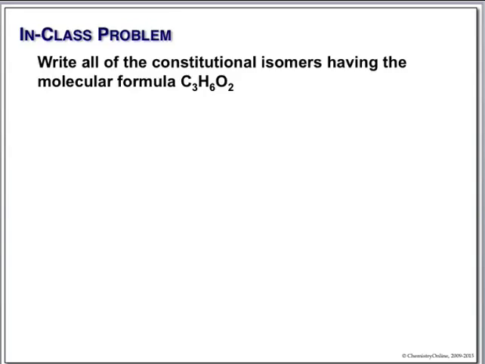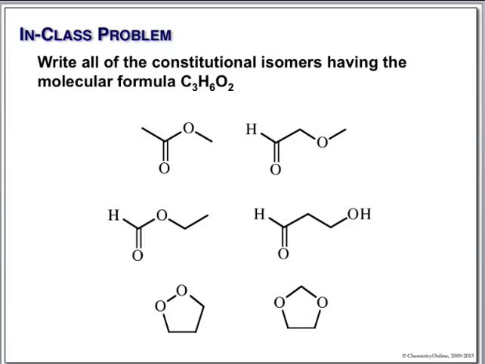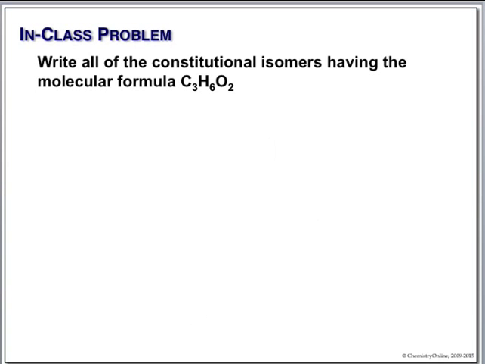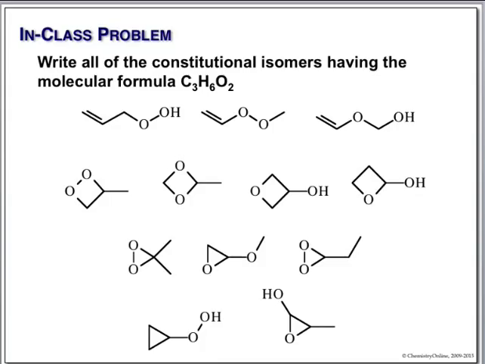If we stick in a couple oxygens, you would think that that's a fairly minor change. However, these are all valid organic molecules that are C3H6O2, and so are these. So in organic chemistry, the molecules can get very, very complicated very, very quickly.